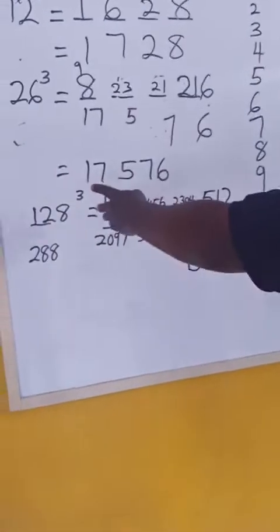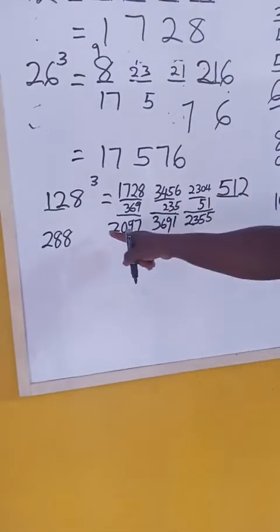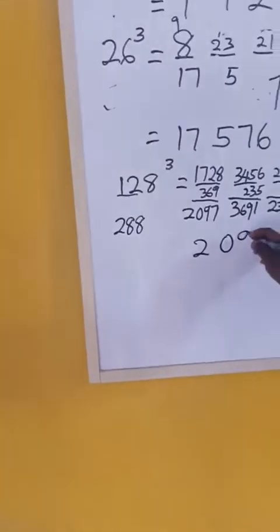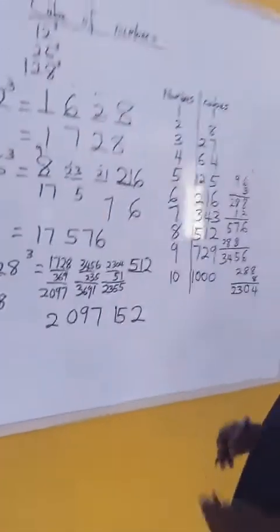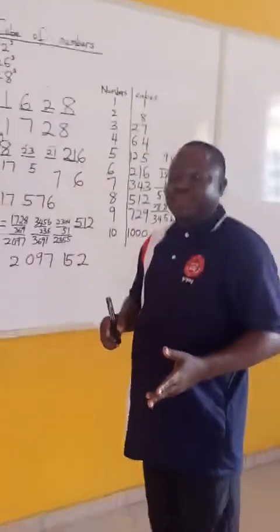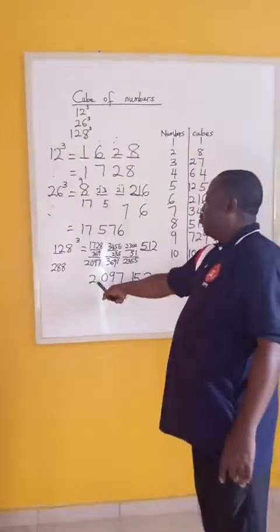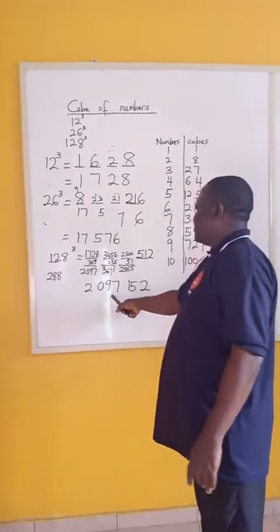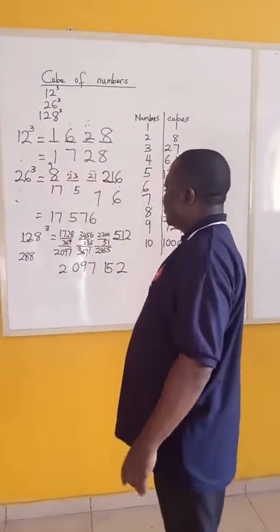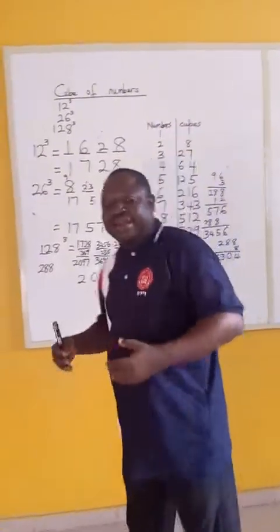Now, since there is no other number here now, we are writing the whole of this number. 2097. So therefore, 128 raised to power 3 is equal to 2,097,152. So it is as easy as this.